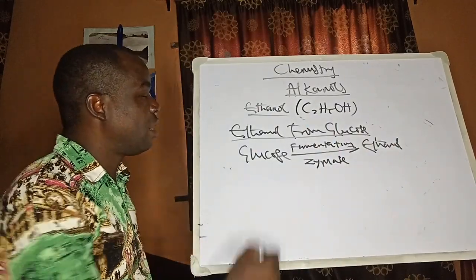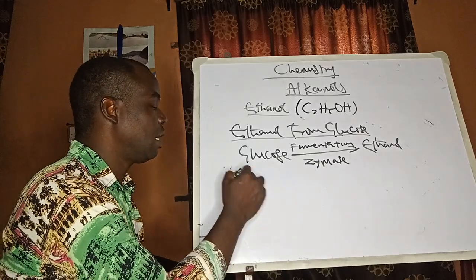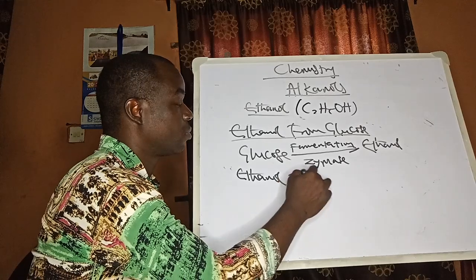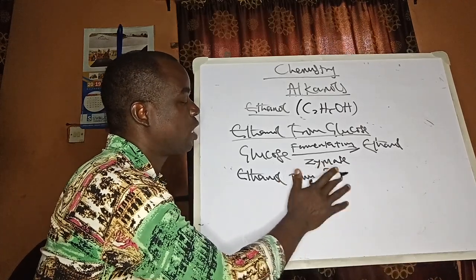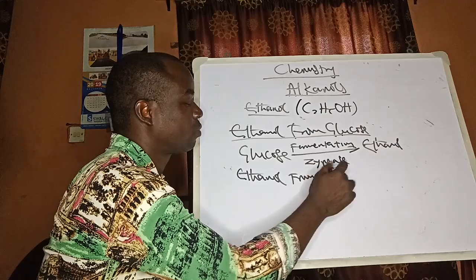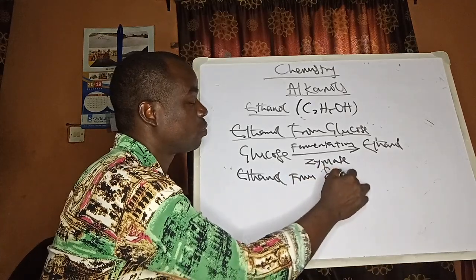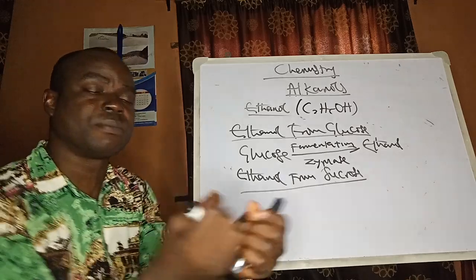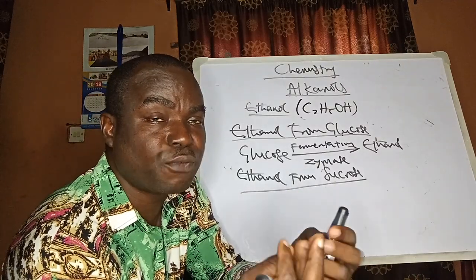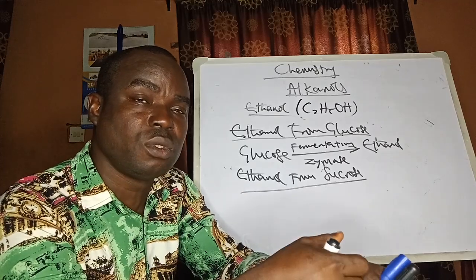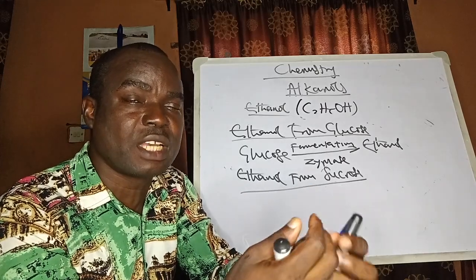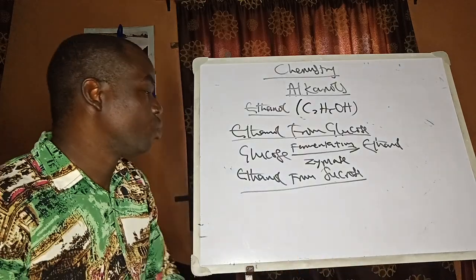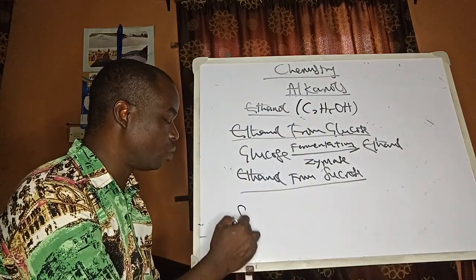Then the second one, ethanol from sucrose. You know sucrose. Sucrose is the sugar we get from sugarcane. When you get sugarcane, the liquid inside is made of sucrose.